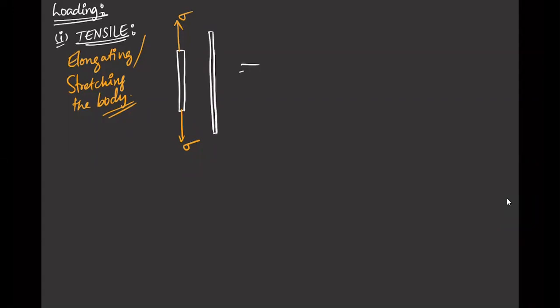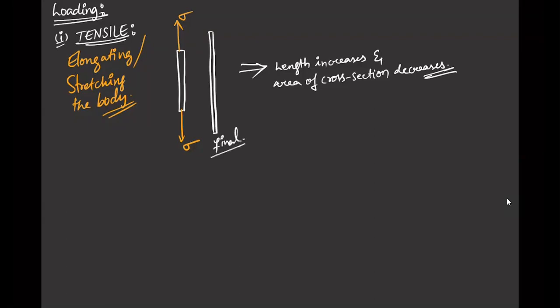So what you can observe here is my length increases and the area of cross section decreases. These are the two take homes from this test. So you can observe that's why it thinned in my final shape of the body.